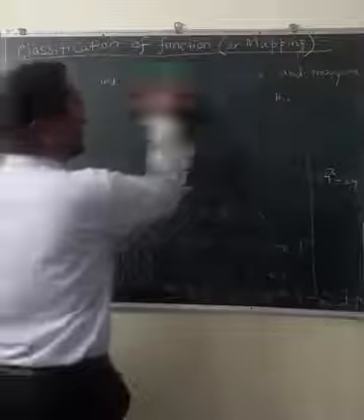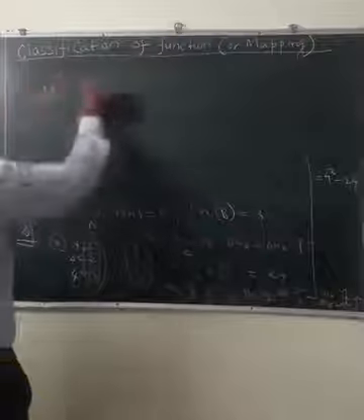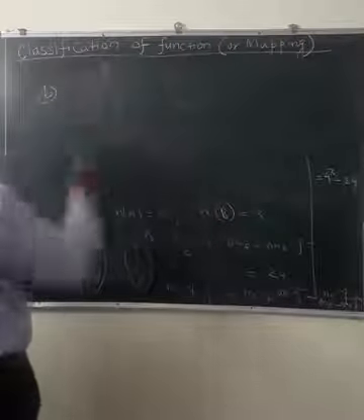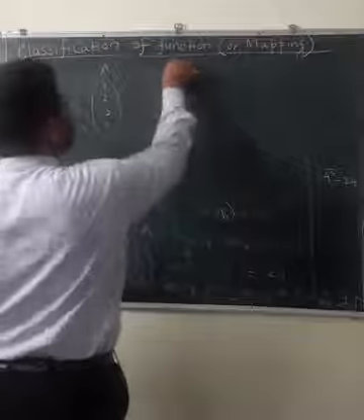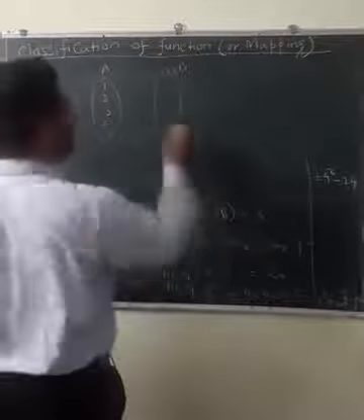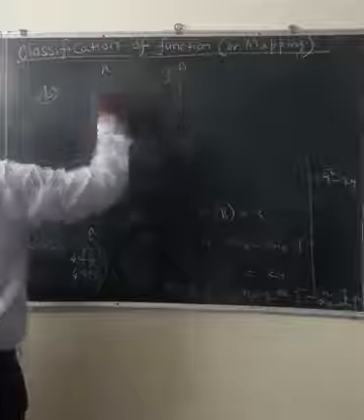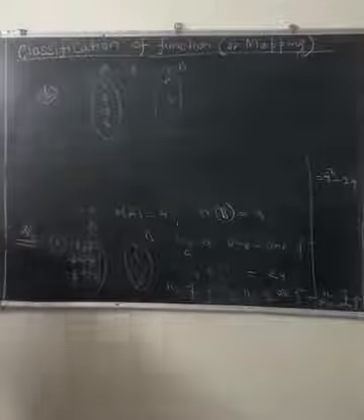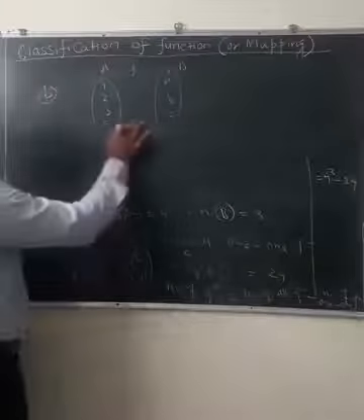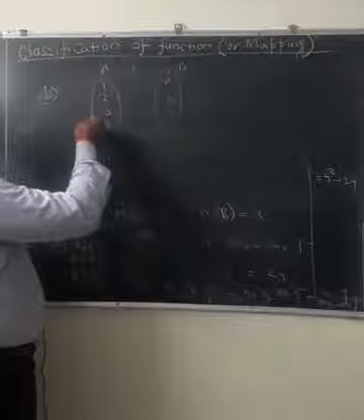In the second example, case B, A has 4 elements. I am taking this example, and B has 3 elements A, B, C, and I have to calculate the number of many-one functions and one-one functions. See here, the domain has 4 elements.